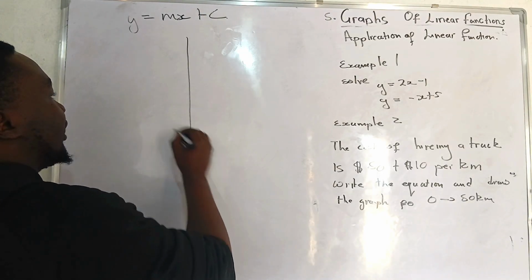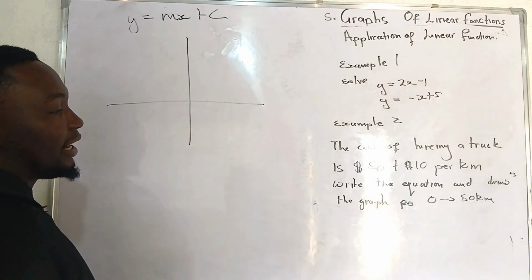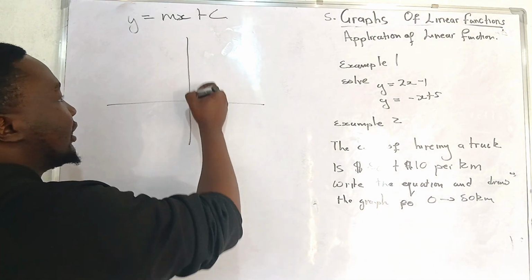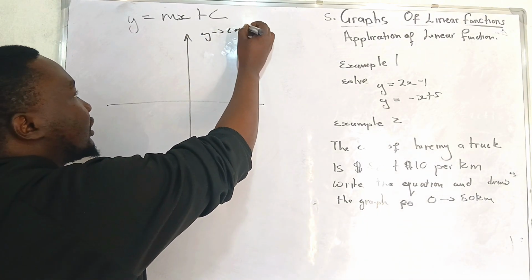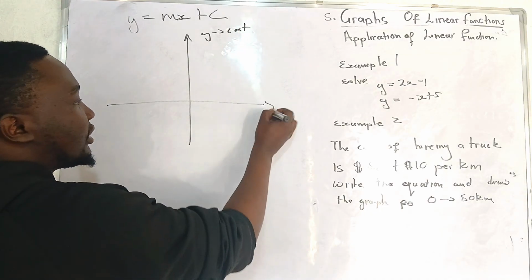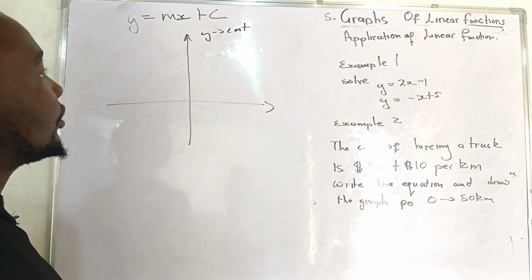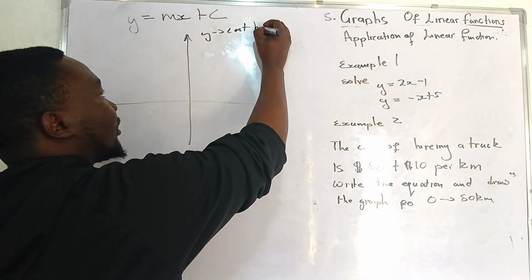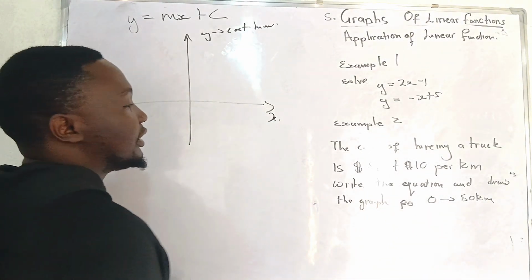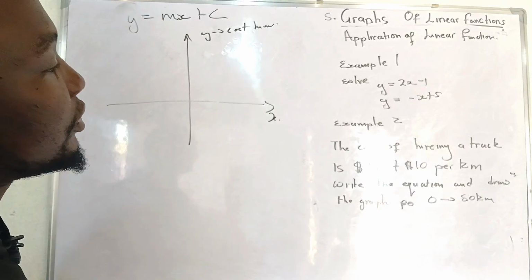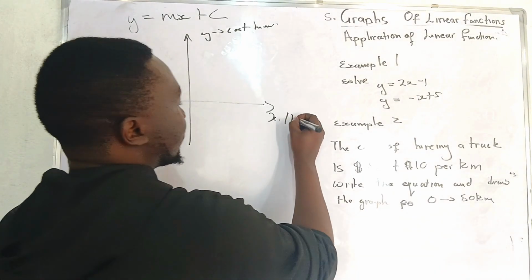So my graph will be like this. If I hire a truck, that's $50, that's the cost. So y will represent the cost, and x will represent the kilometers, with the variable cost per kilometer.